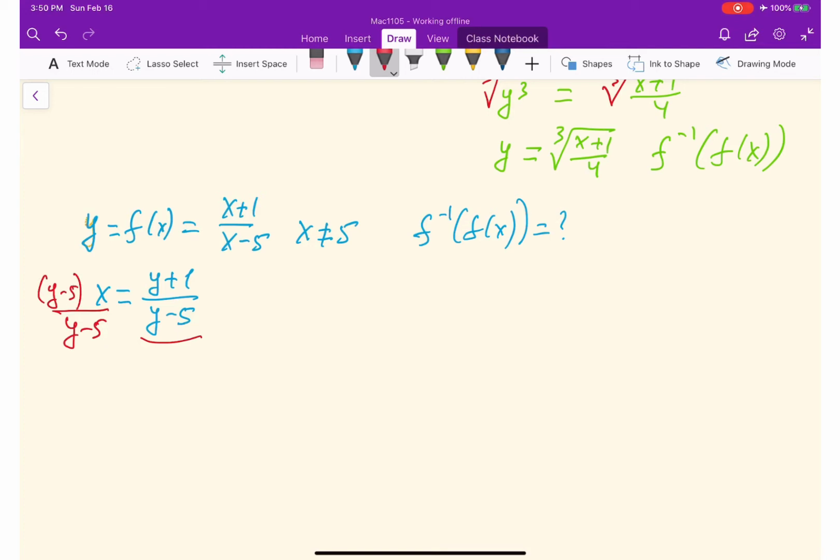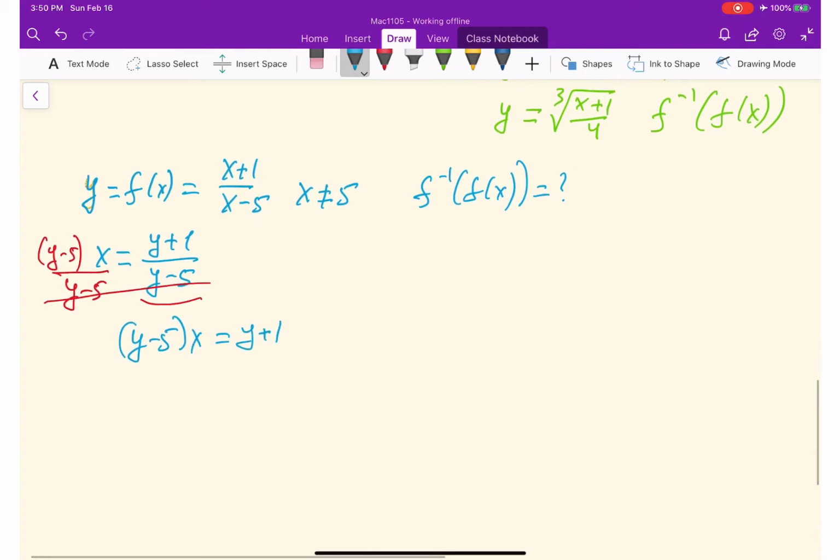So since in the equation the denominator is the same across the equation, we just simply drop it, and we are going to have y minus 5 times x is equal to y plus 1.